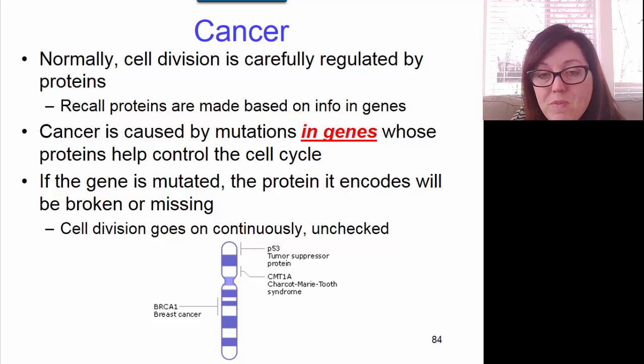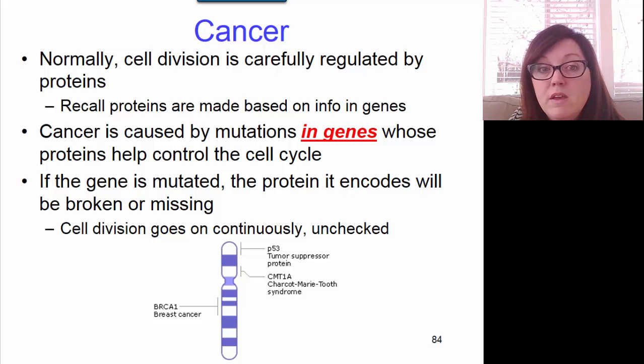Okay? And these police officer proteins do things like they check the integrity of the DNA. What does that mean? Well, they check the DNA to make sure that it's not damaged.